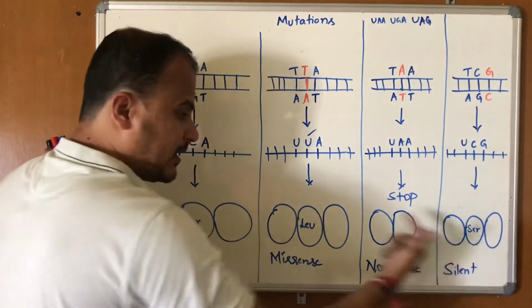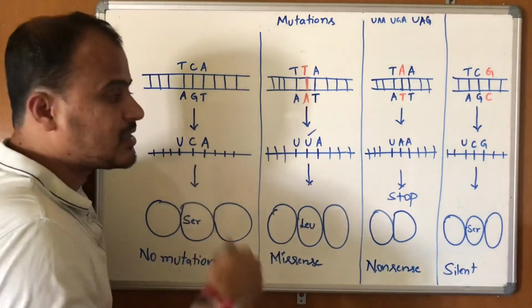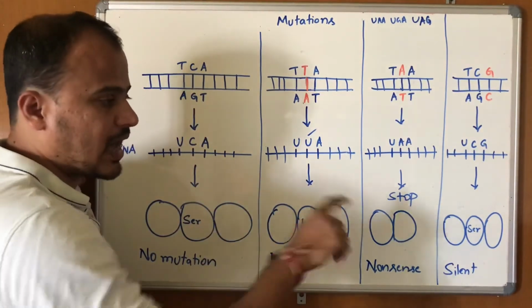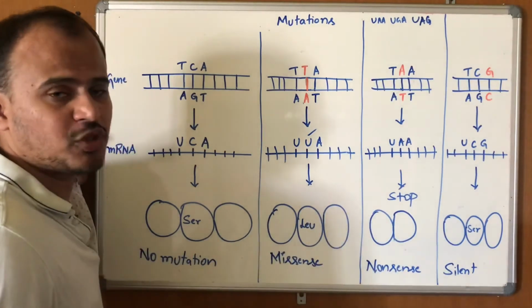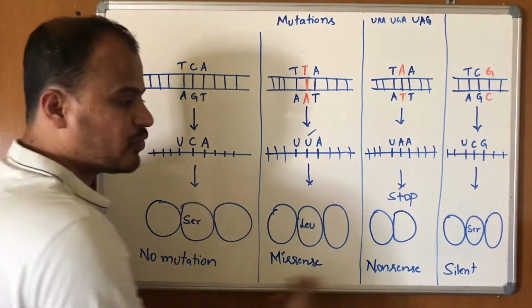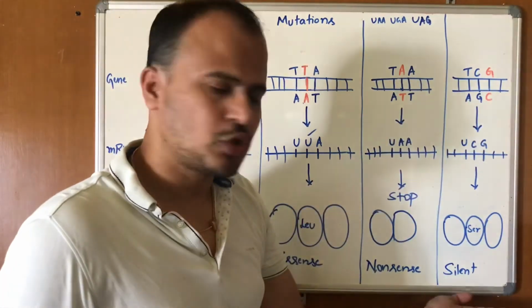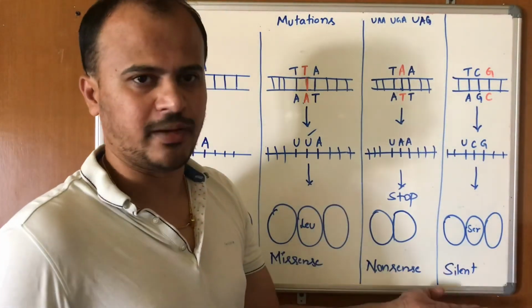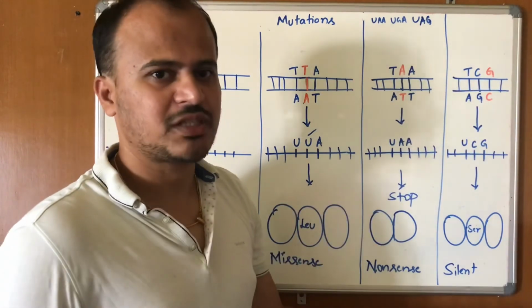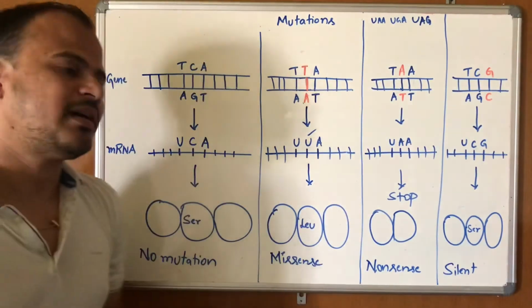That's why, though there is a mutation, it is not phenotypically expressed, or this change has not been projected at the protein level. That's why it is called a silent mutation. There is a change in the DNA, but there is no change in the sequence of the protein. So this kind of mutation is called a silent mutation.